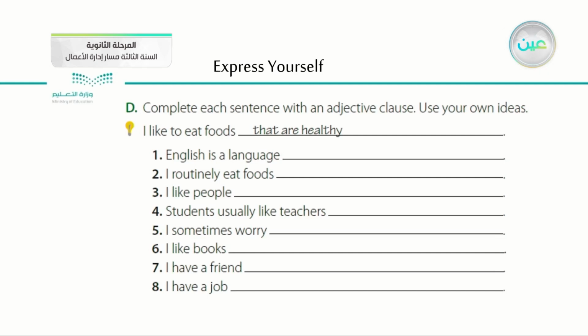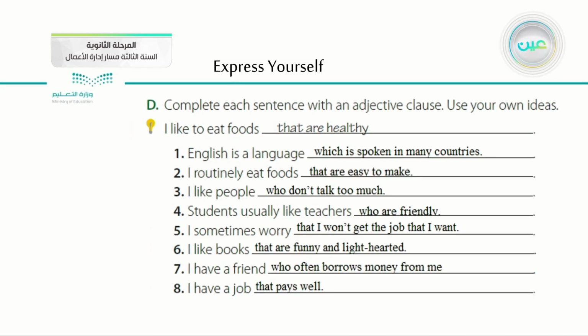After that, we went to exercise D. In exercise D, you were asked to complete the sentences by using a relative pronoun and completing the rest of the sentence from ideas of your own. And we have suggested some of the answers as you can see here on the board.